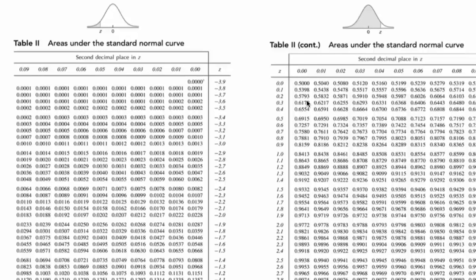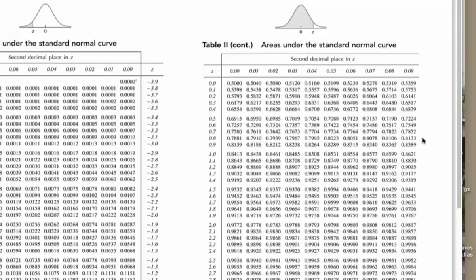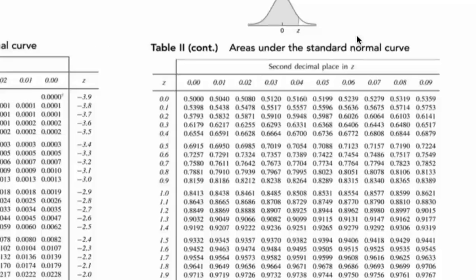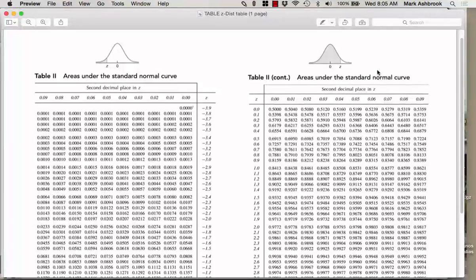The right half of the table is for z-scores that are positive, greater than 0. But notice the picture, it's still giving values of area that lie to the left of that z-score. So the tables always give an area to the left. I'll keep that up, and let's see if we can find some examples here.